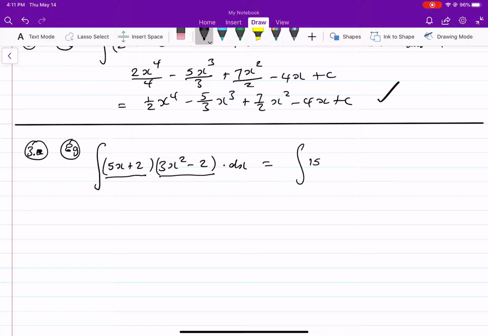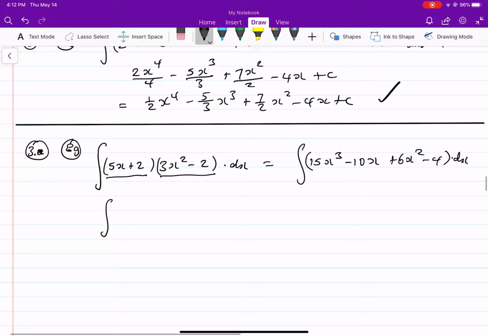Double check my arithmetic there. 5 3s are 15x cubed. 5x by minus 2 is minus 10x. 2 by 3x squared is 6x squared. And 2 by minus 2 is minus 4. All times dx. Let me write it in the standard form in descending powers.